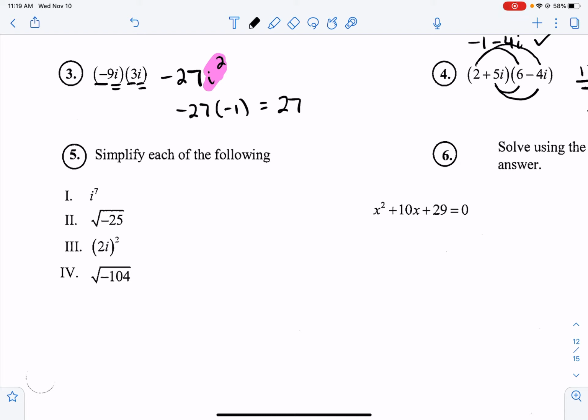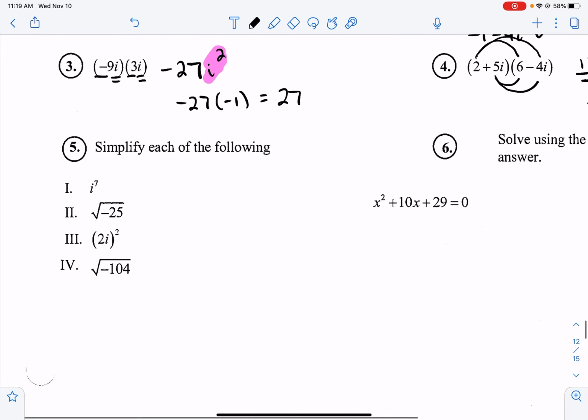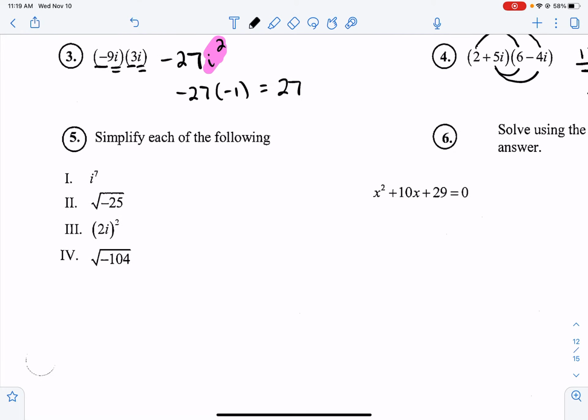These apply a little bit more to the chapter that we're doing right now. So first of all, i to the 7th power, something cool just happens. Because if I have i, that just means the square root of negative 1. If I have i squared, that was the square root of negative 1 times the square root of negative 1, which turned into negative 1. If I have i cubed, well, that's i squared, negative 1, multiplied by another i.